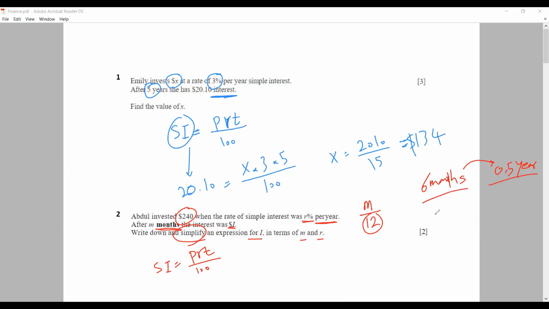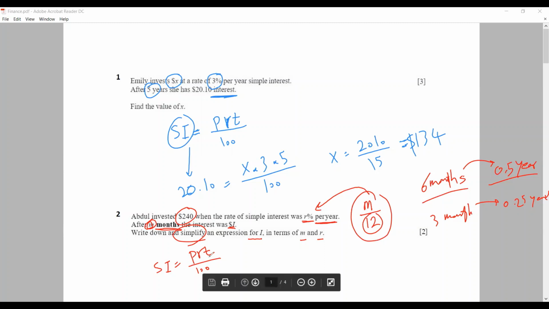Does that make sense? Or 3 months is a quarter of a year, right? Why? Because you divide 3 by 12, that gives you a quarter. So same thing here, you just don't have a number, it's given as M months, so you divide it by 12. Now the unit matches with the interest rate.